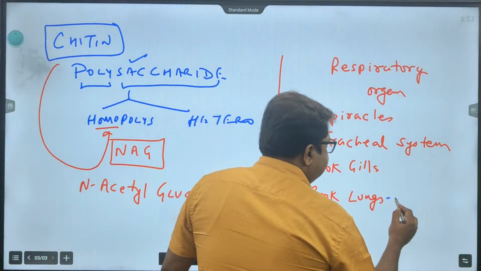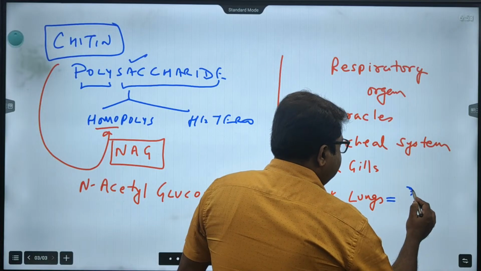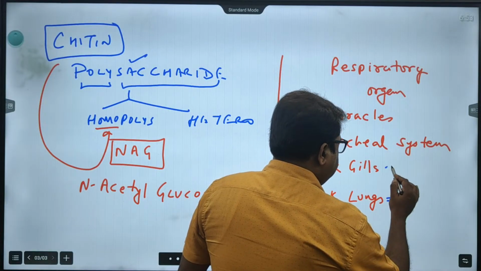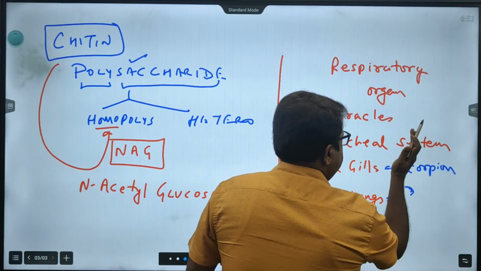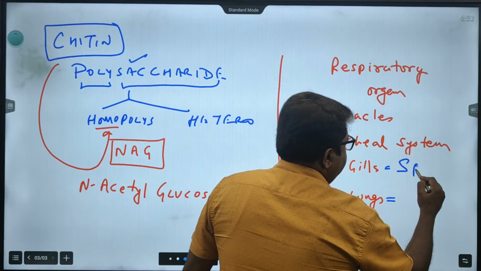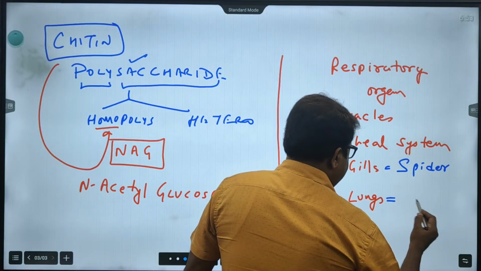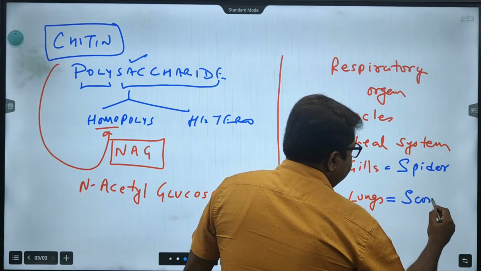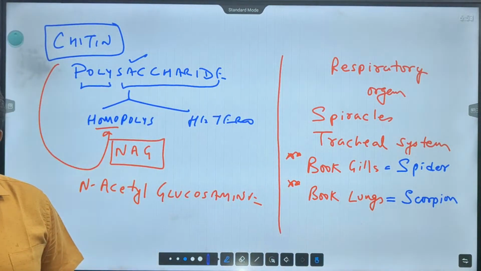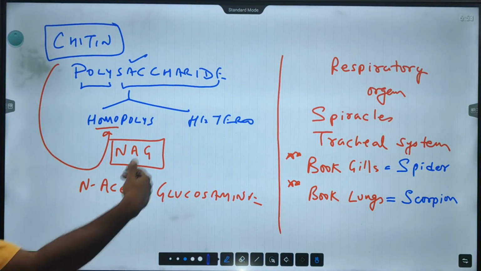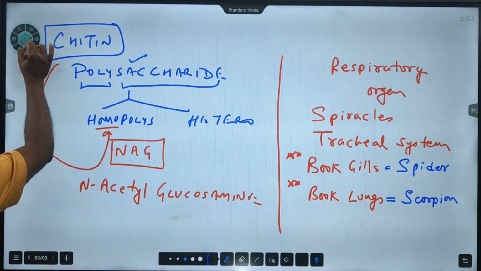Now, book lungs are present in scorpion. Sorry, spider has book gills, and book lungs are there in scorpion. Book lungs are there in scorpion. Fine? Let me show you. When we have talked about this, let me show you the diagram.